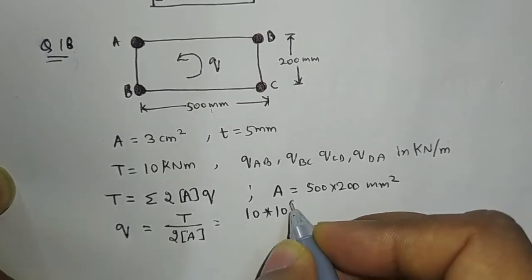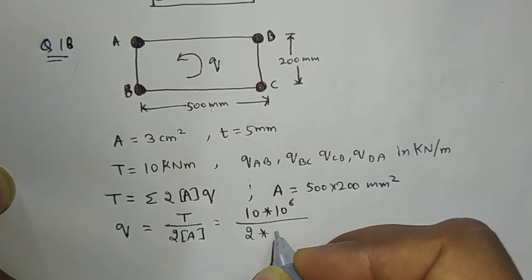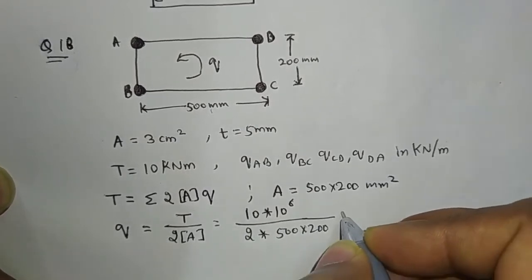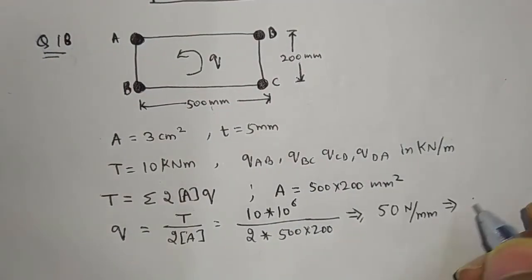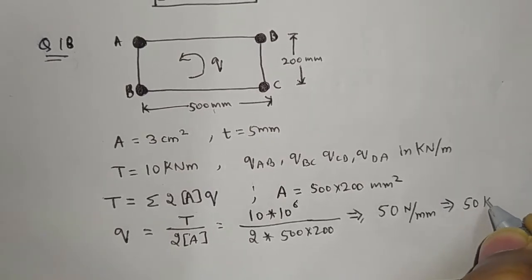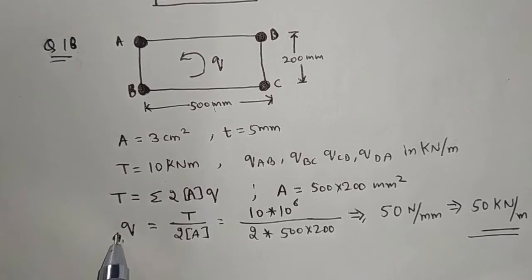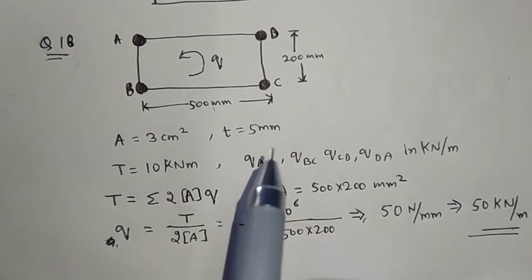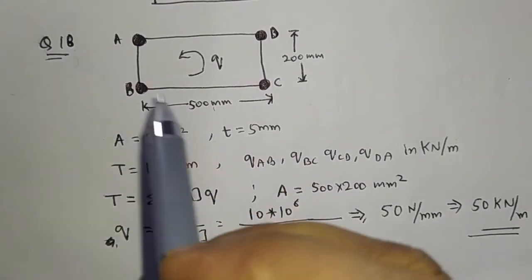In millimeters, 10 into 10 to the power 6 divided by 2 into 500 into 200, which is the area, we will get the value of 50 Newton per millimeter. In kilonewton per meter, the shear flow in these thin walled structures will be the same, which is equal to 50 kilonewton per meter in all these walls.